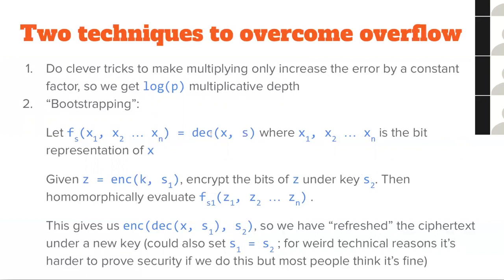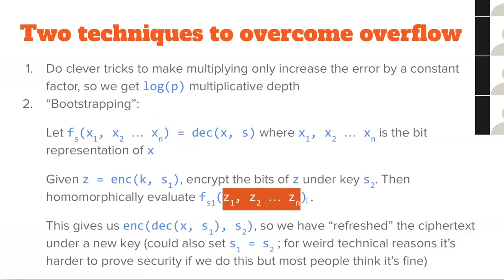Given the value of X in the clear, you convert that into its bits, then into encryptions of the bits of X, and then you have encryptions of the bits of S, and you just compute FS homomorphically. Basically, you just compute this decryption process using these inputs.